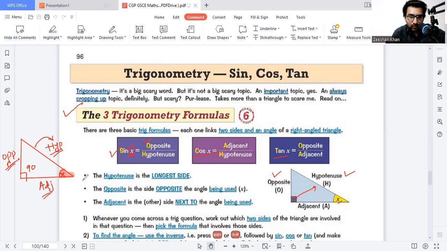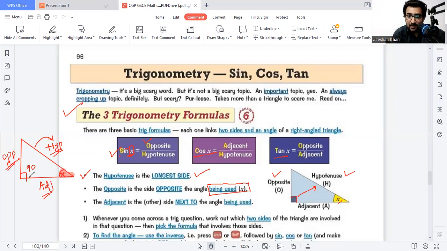Now, these are the points. The hypotenuse is the longest side. The opposite is the side opposite to the angle being used. This is very important, because students get confused deciding between opposite and adjacent sides.